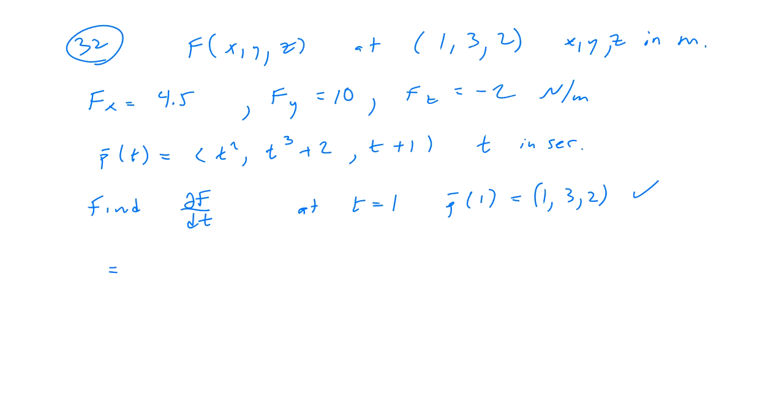And so this one, I'm not going to write out the notation that the derivative of f with respect to t is the derivative of f with respect to x times dx/dt plus dot dot dot. Let's just put it out. So it'll be the 4.5, the derivative of x, because this is x, y, and z. And then plus the derivative with respect to y.